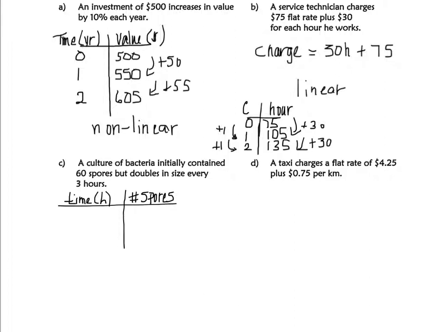At time 0 it would be 60, but then after 3 hours it doubles in size, so that'd be 120. After another 3 hours, which would be 6 hours, it doubles in size again, so that would be 240 spores.